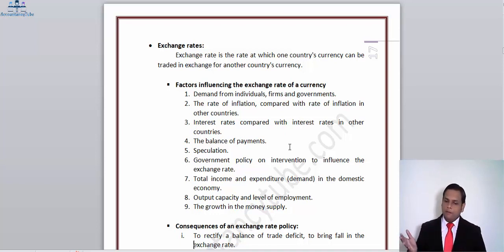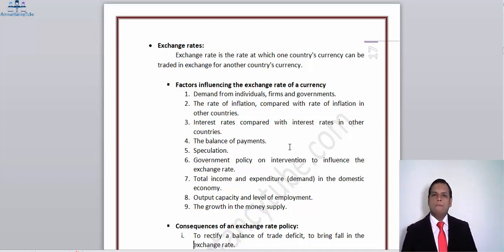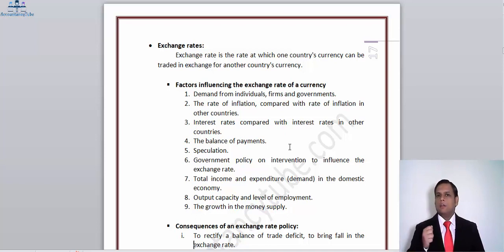Government policies have an impact on exchange rates. Strong governments in which the people have confidence will always have a positive effect on the currency value. People will be more inclined towards investment in their own country, and as a result their currency value will start to increase.